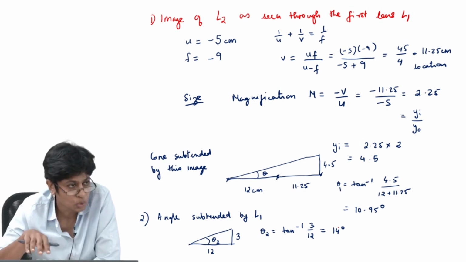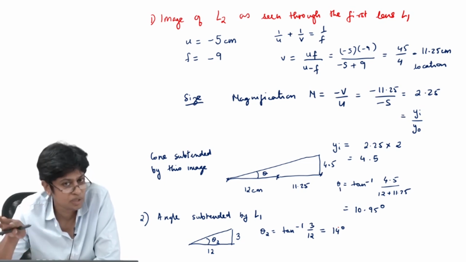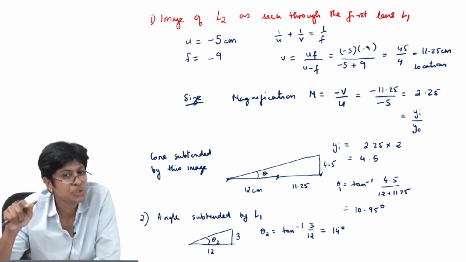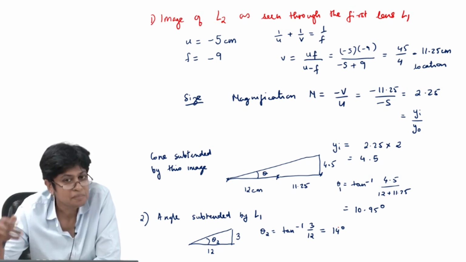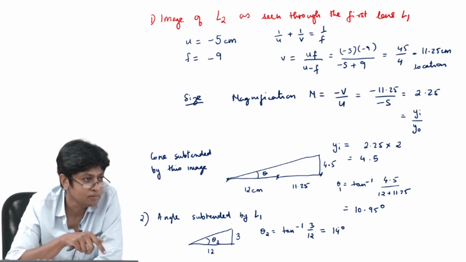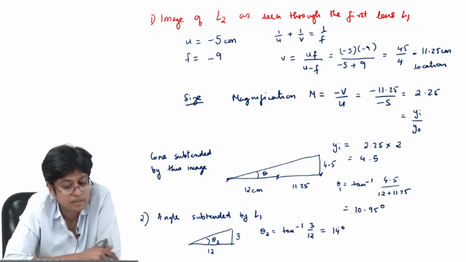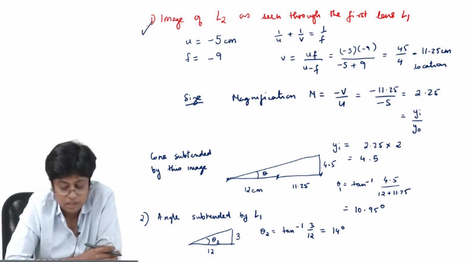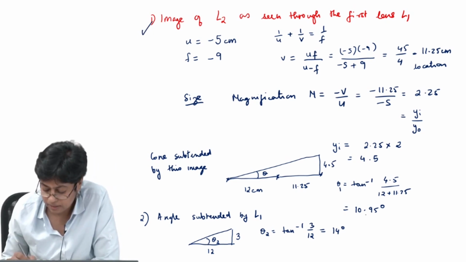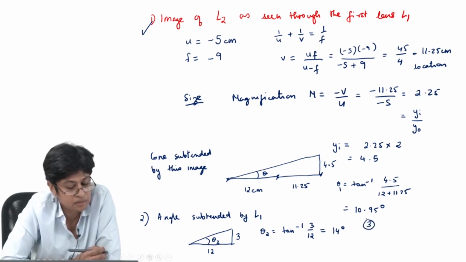Now that element has no power, but again, when I am calculating the aperture stop, I don't have to worry about that. I will now use that element as the object, image it through lens L1 and carry out exactly the same procedure that I carried out in this case here. I am not going to carry out that entire procedure; it is exactly the same as what we did in the first step.